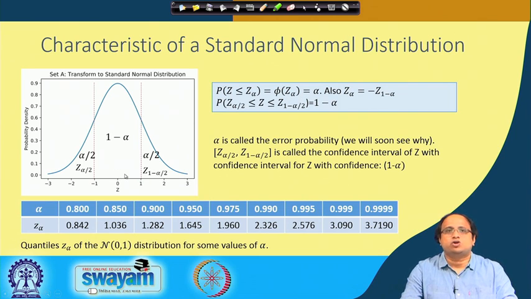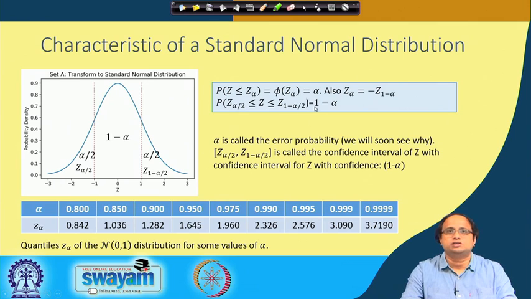Also note that Z alpha is equal to minus Z 1 minus alpha, because it is symmetric over the 0 value. This is the 0 line, because the mean is 0 in this case. You can easily check this from the normal distribution curves. That implies that if I take a region from Z alpha by 2 to Z 1 minus alpha by 2, then the probability that Z will lie in this region is 1 minus alpha.